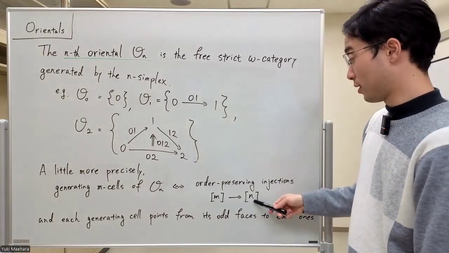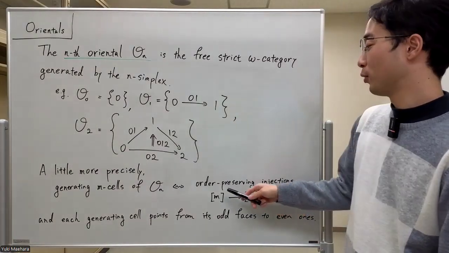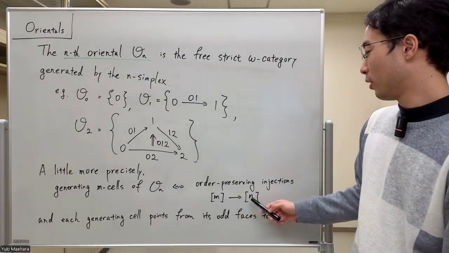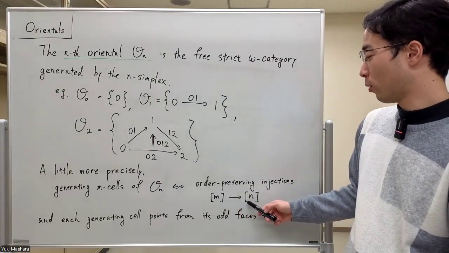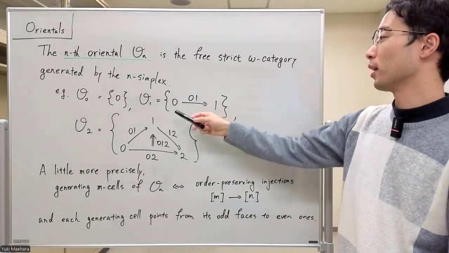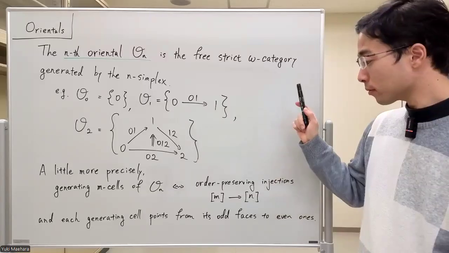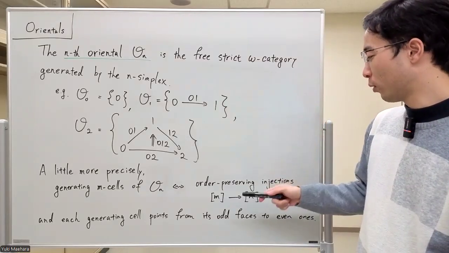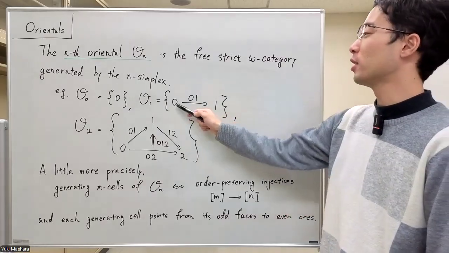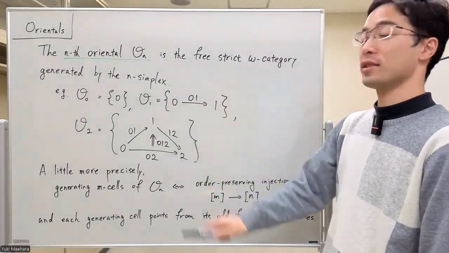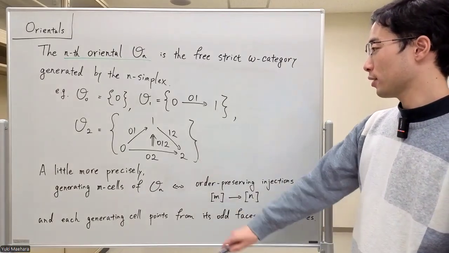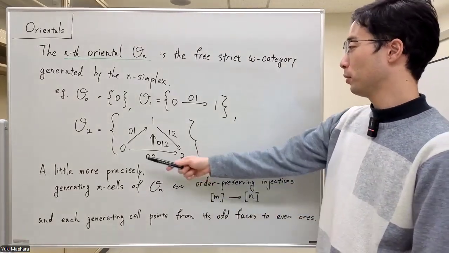When n is equal to 1, there are two order preserving injections from [0] to [1], namely you can send 0 to 0 or 0 to 1. So these are the corresponding zero cells. And there's one order preserving injection from [1] to [1], namely the identity, which is what this one cell corresponds to. And the same for the case n equal 2.